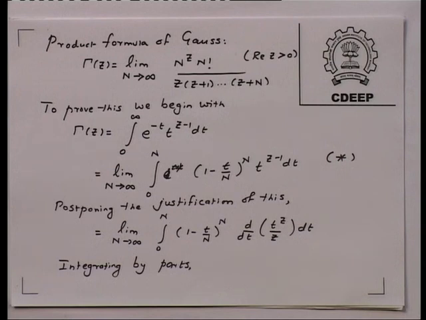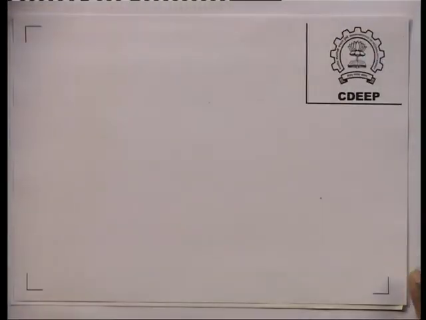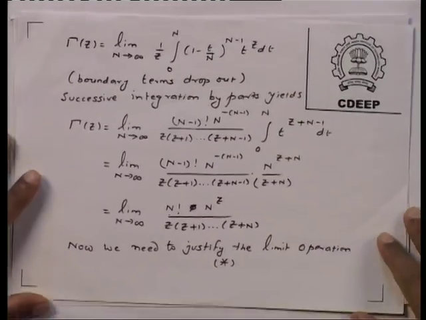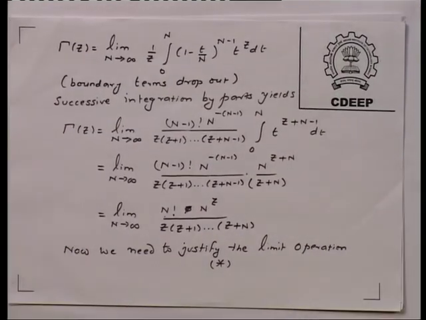So, there will not be any boundary terms left after you perform integration by parts, correct? Alright. So, that is exactly what you get: gamma z equals the limit as n tends to infinity of 1 over z times the integral from 0 to n of 1 minus t by n to the power n minus 1 times t to the power z dt.